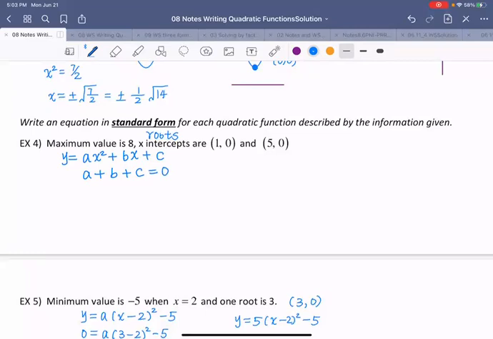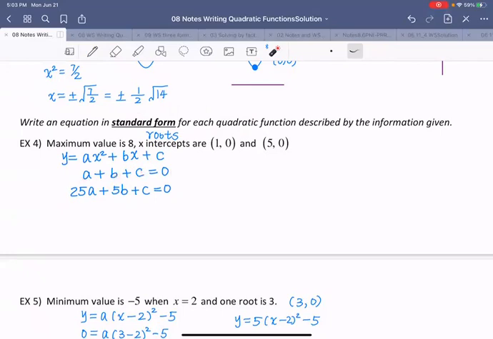Next equation: 5 squared is 25, so 25a, plus 5b, plus c equals 0. We have 3 variables, 2 equations.